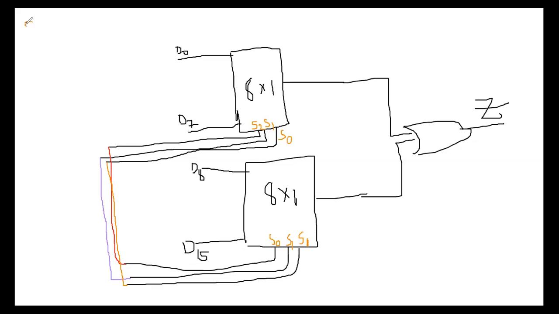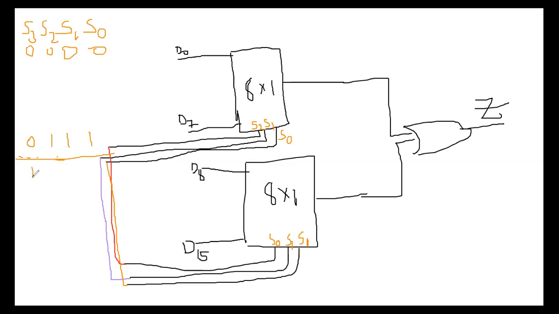Now what is the truth table saying? S3, S2, S1, and S0. Starting it is 0, 0, 0, 0. It's binary, up to 7, which is 0, 1, 1, 1. You see, up to here S3 is 0. So S3 is equal to 0 and the first 8 by 1 multiplexer is enabled.